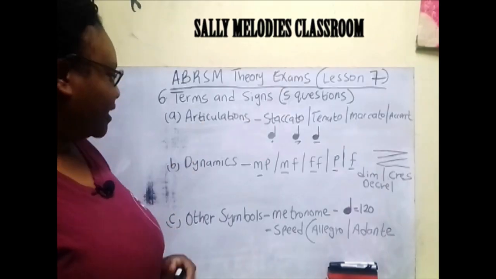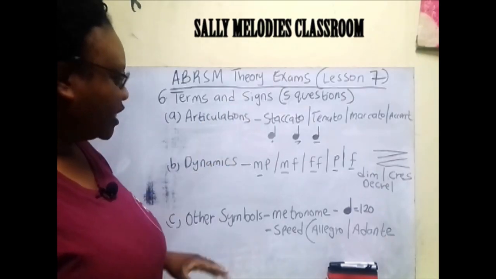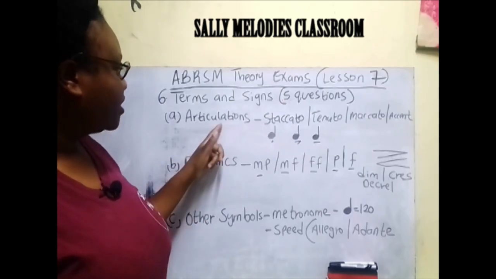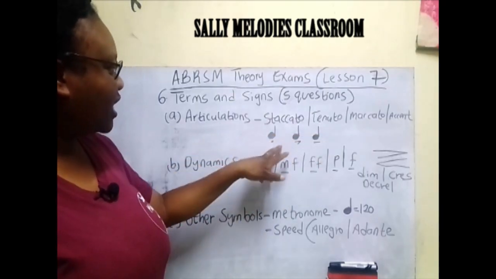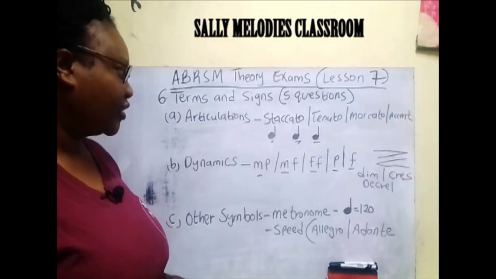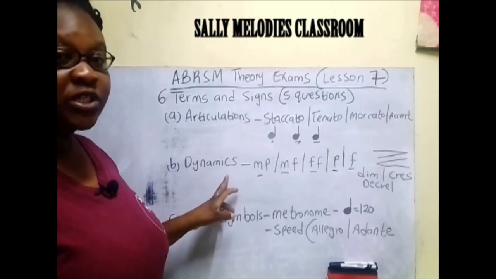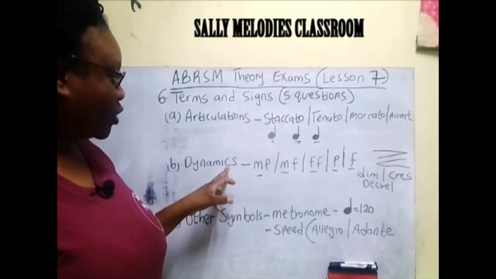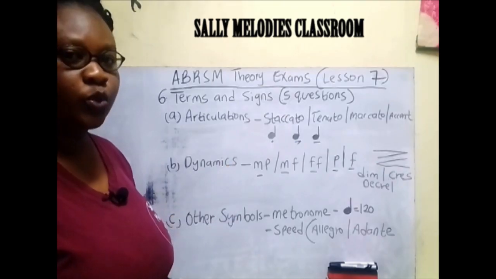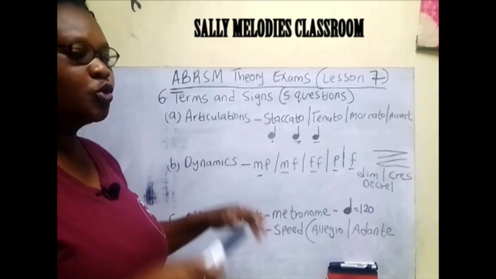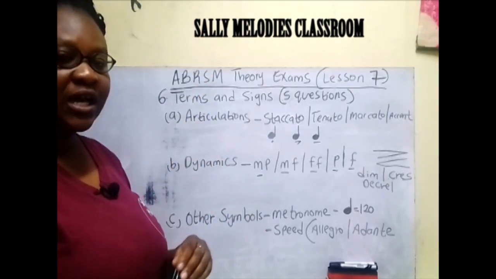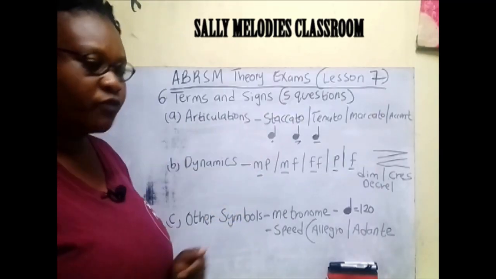Under the terms and signs, we have different areas. We have the articulations. The articulations are these: the staccato, the tenuto, the marcato accent, and so on and so forth. But when we talk about dynamics, we talk about volume control. Dynamics is something to do with volume. How loud or soft a song is, or that part of a song.